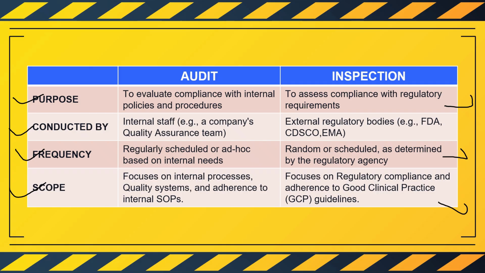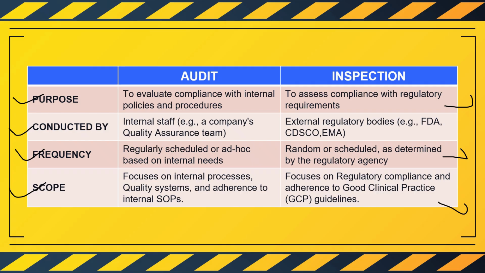And at the same time, the GCP guidelines, good clinical practice guidelines, which are the international gold standard guidelines for conducting clinical trials. So the adherence to GCP is also the focus of the inspection. Always remember, when it comes to purpose, the conduct, the frequency and the scope, you need to clearly know the difference between audit and inspection and how they differ from each other.